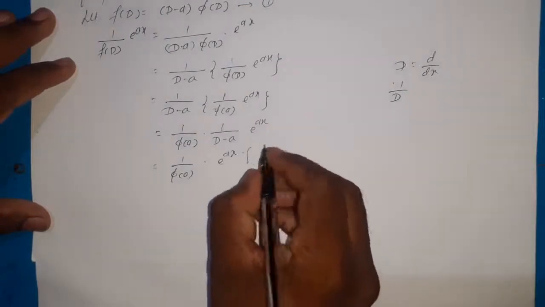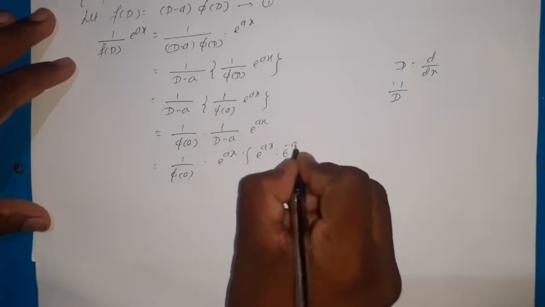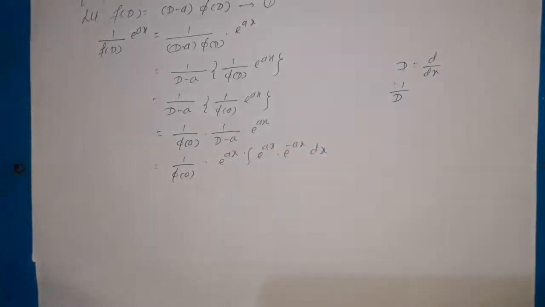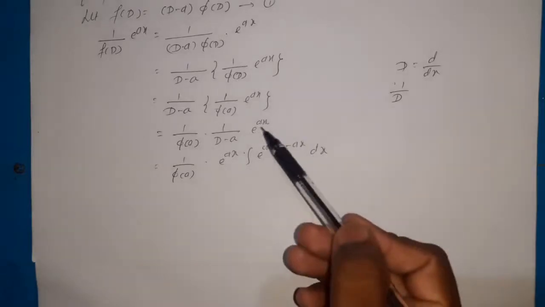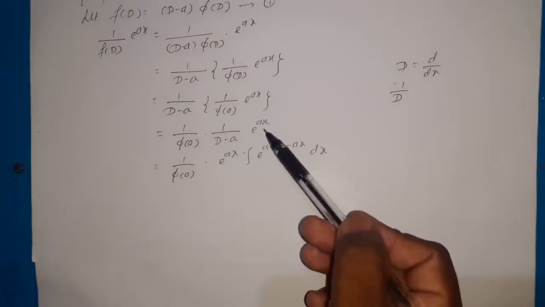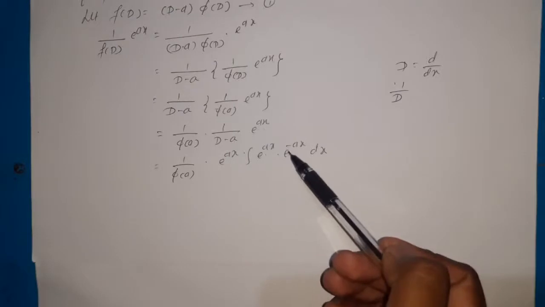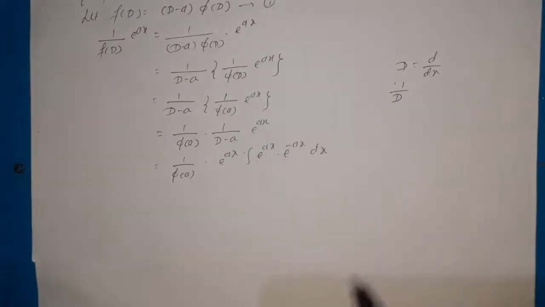into e power ax into e power minus ax dx. So here we are integrating the function e power ax with respect to x, multiplying and dividing by the term e power ax. So e power ax we have taken as it is, and for this term we have multiplied and divided by e power ax, which becomes e power x into e power minus ax dx.